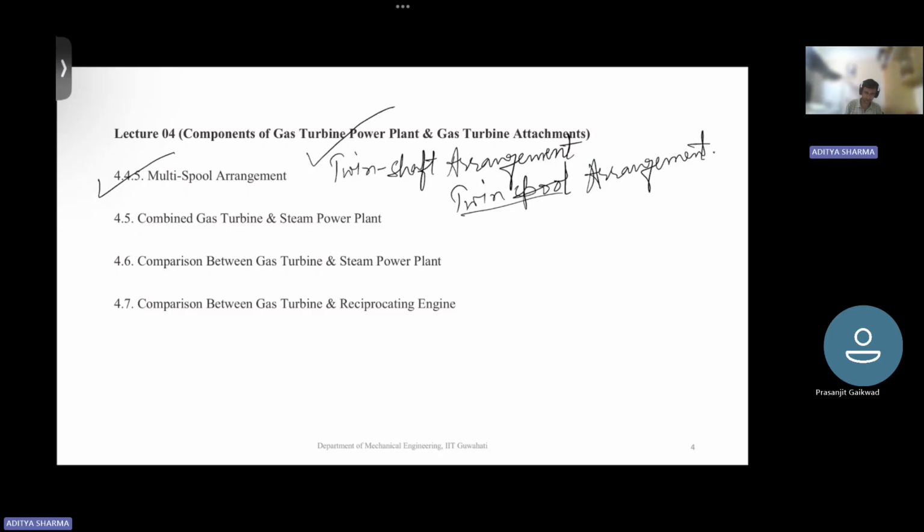Now, what is the twin spool arrangement? A spool is basically the arrangement of a compressor and a turbine. So in a twin spool arrangement, we have two compressors in line, then the combustion chamber, and then two turbines in line.